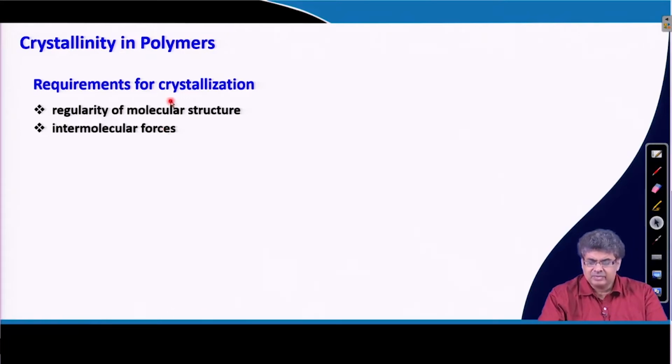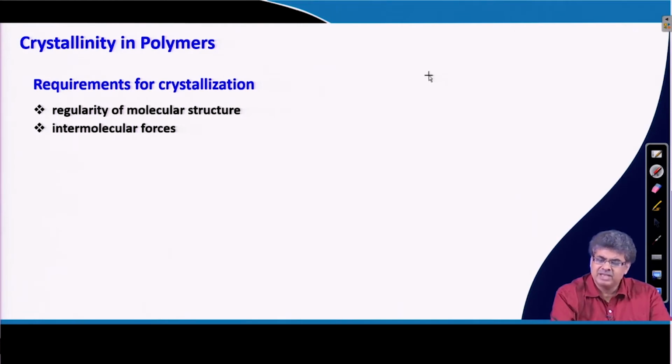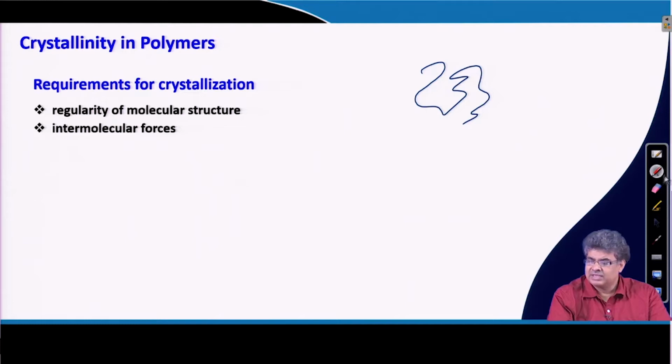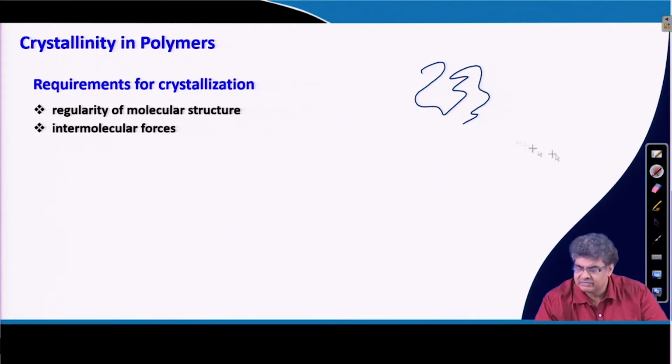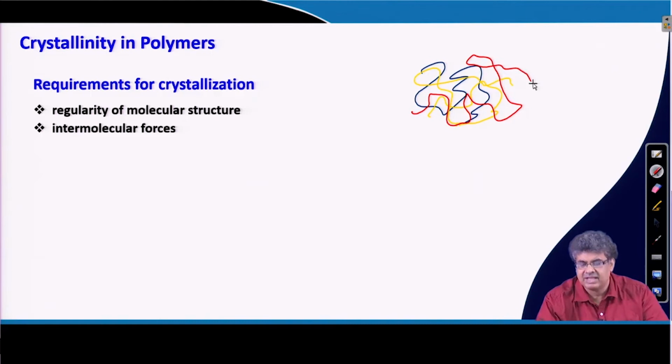Now, as we know, in the case of a polymer melt, the polymer chains are entangled like this, if I draw three different chains, they will be like this.